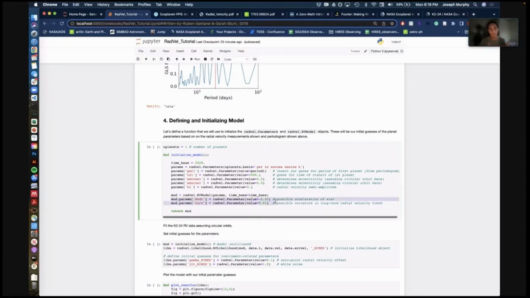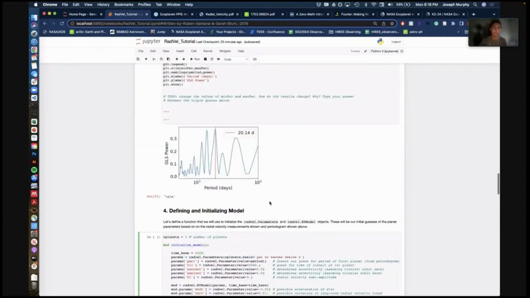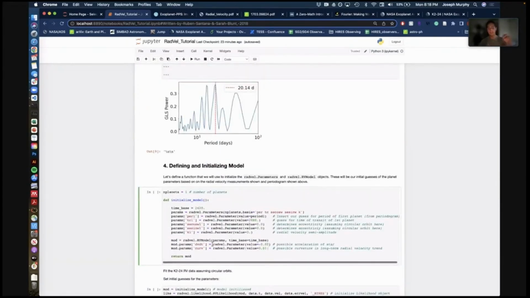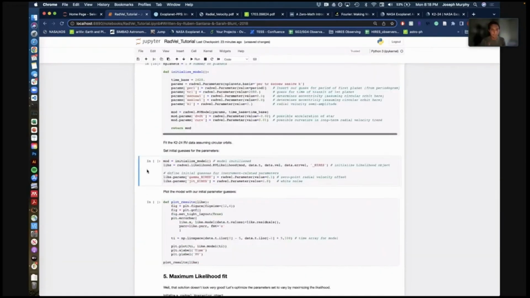These are possible longer-term trends that we might observe in the data, specifically any curvature to the data, like a quadratic term in our model, as well as a linear trend. These are also instrumental parameters.